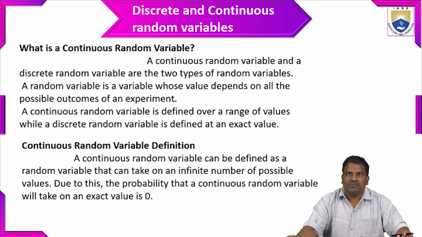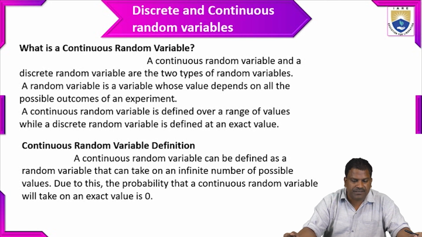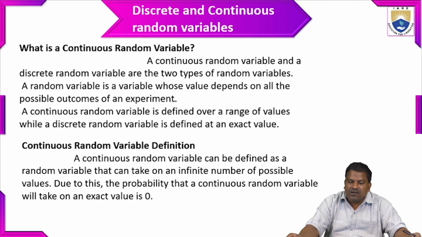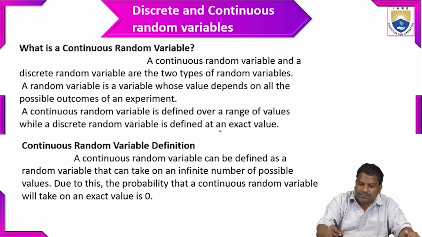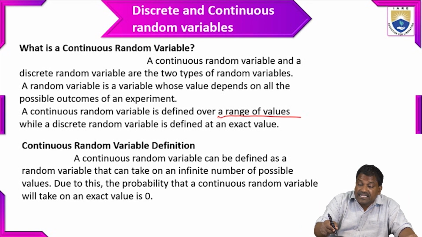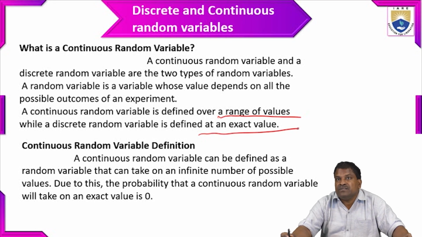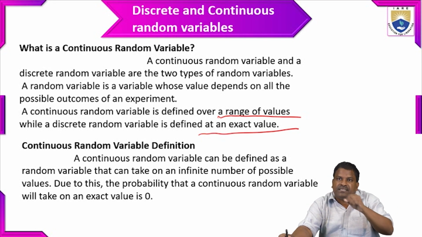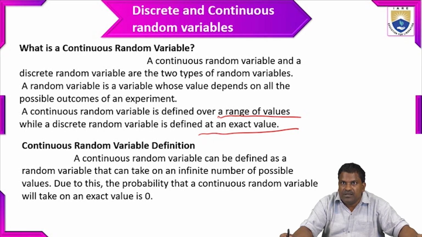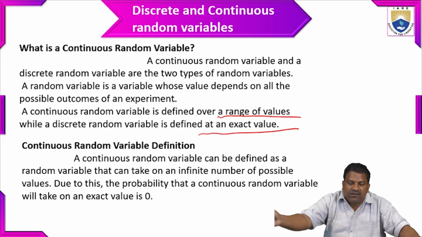A random variable is a variable whose value depends on all the possible outcomes of an experiment. A continuous random variable is defined over a range of values, while a discrete random variable is defined at an exact value, as we discussed earlier. It gives a numerical value, an exact value, in discrete random variable, whereas in continuous random variable, its value lies in a range of values.